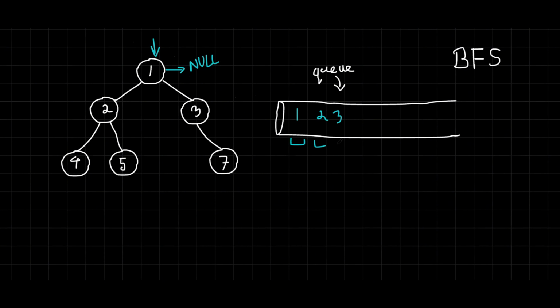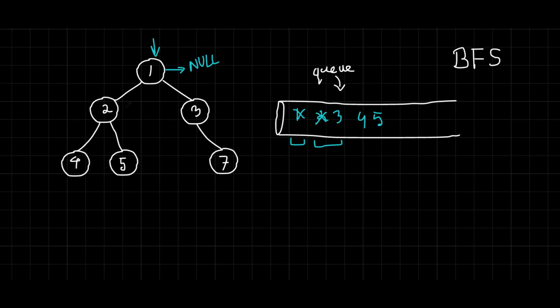Now, the next level has two elements, 2 and 3. The current element is 2. So we have to remove it, and we have to insert both of its children into the queue for the next iteration, which is 4 and 5.